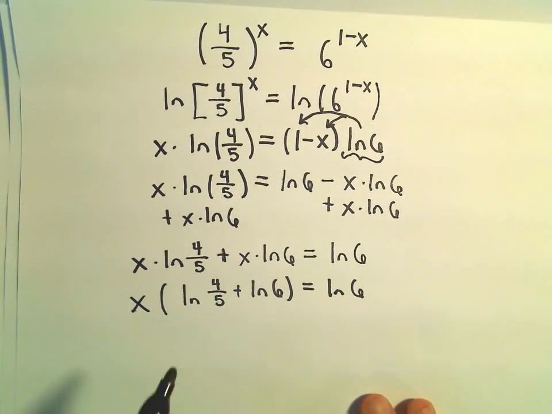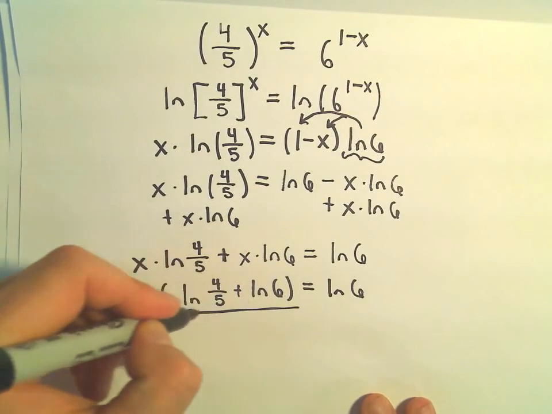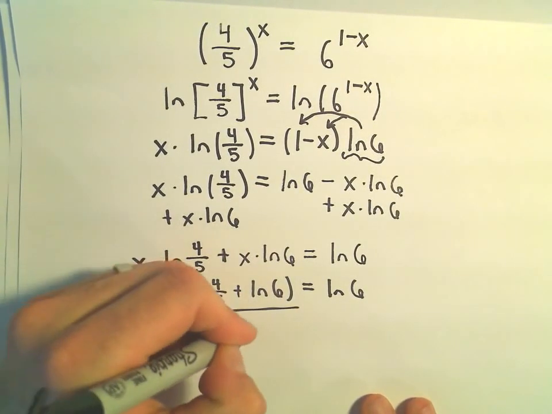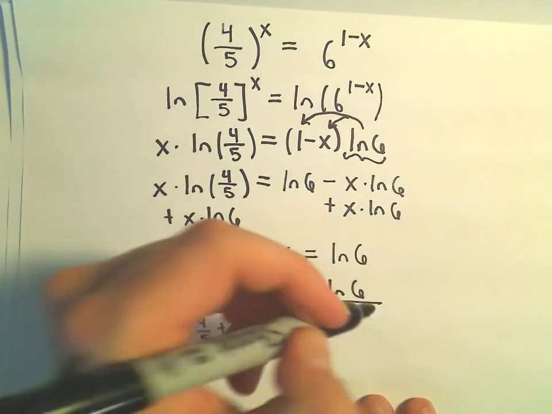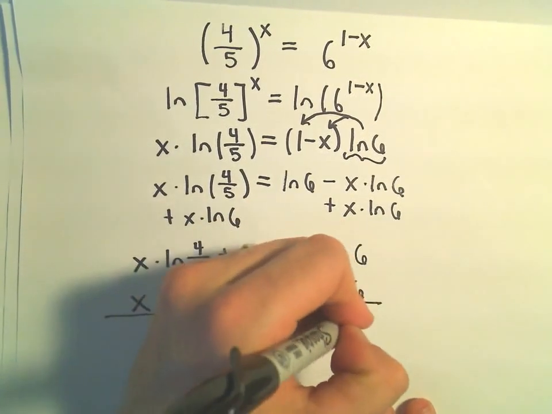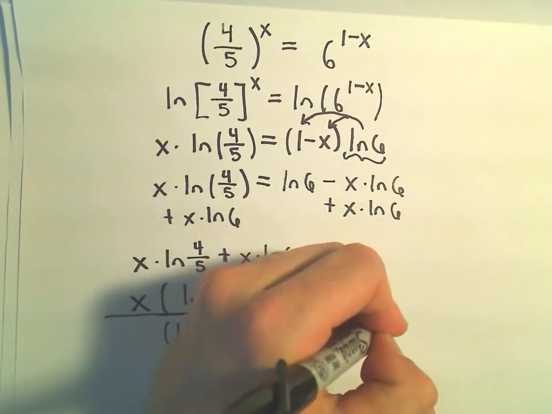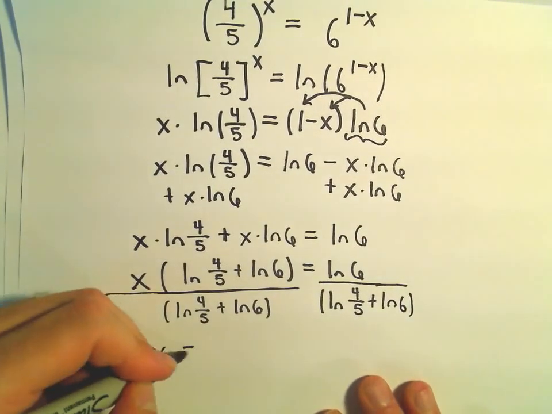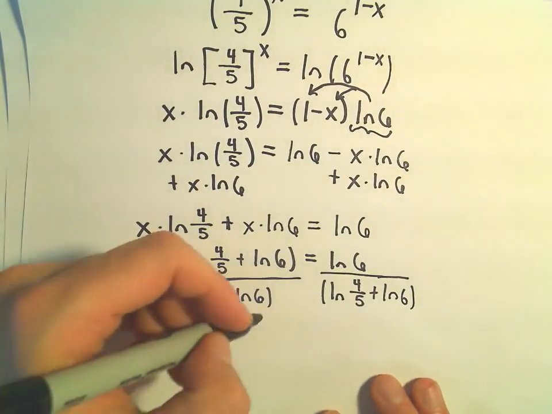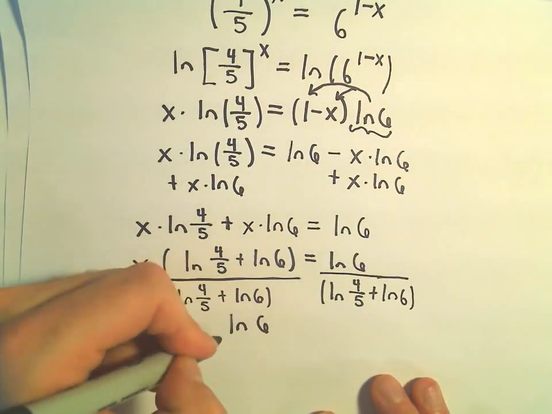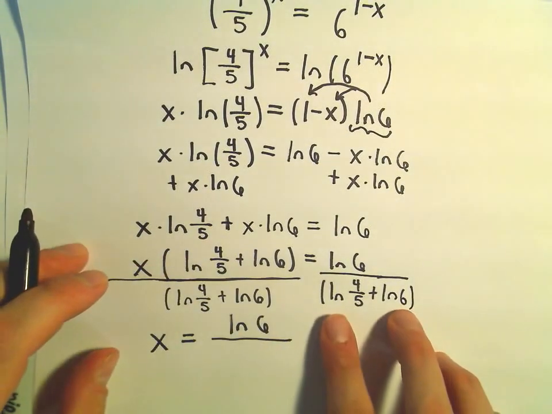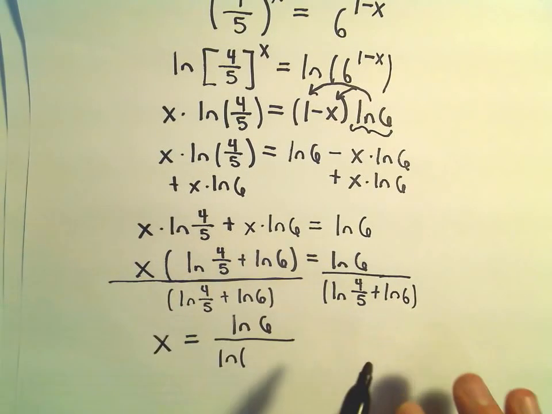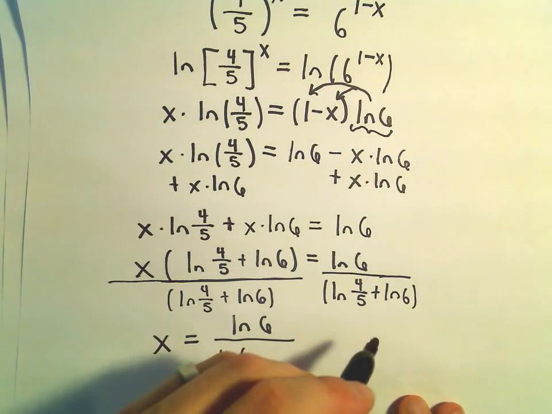And now if we want to solve for x, we can simply divide both sides by this quantity, ln of 4/5 plus ln of 6. If I do it on the left, I've got to do it on the right. On the left side, we'll just be left with x, which is what we want. On the right side, we have ln of 6 over ln of 4/5 plus ln of 6. We could even combine our logarithms in the denominator, because we have addition, and that means we can multiply.